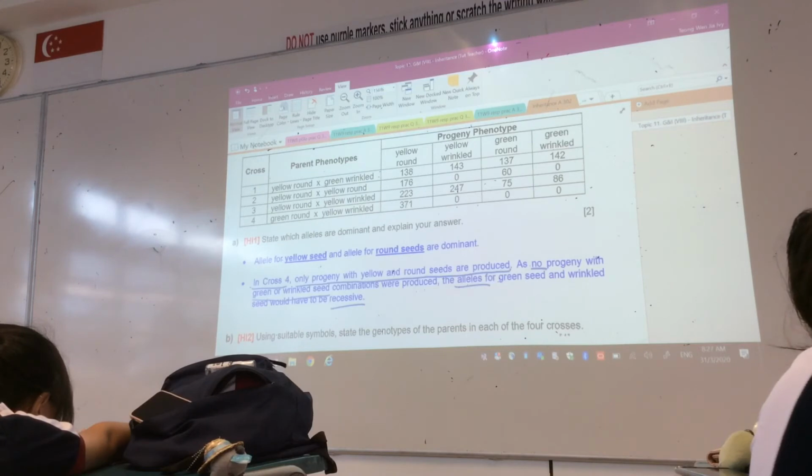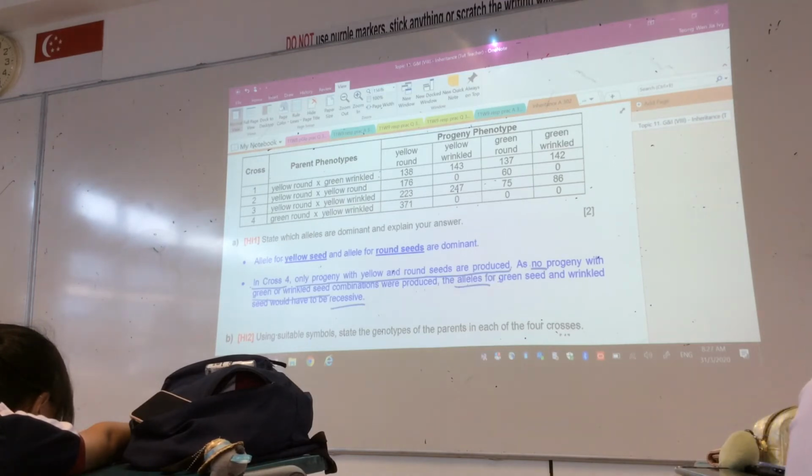Okay, now the next question we have to use suitable symbols. So we have to assign symbols. Just because it's easier to remember, we will use symbols related to the phenotype.